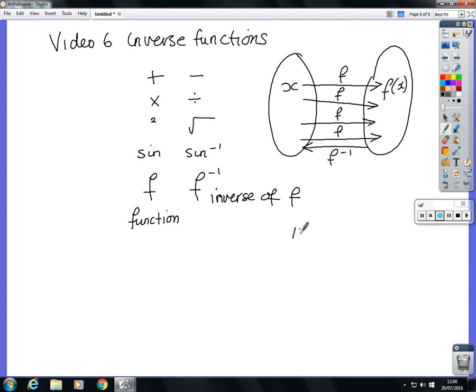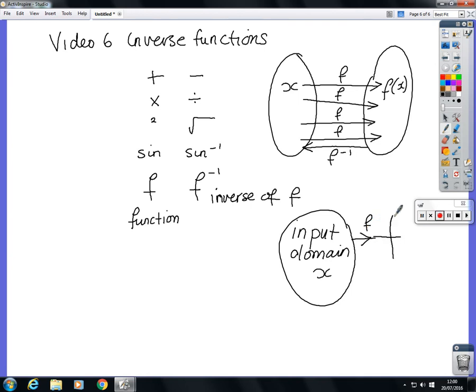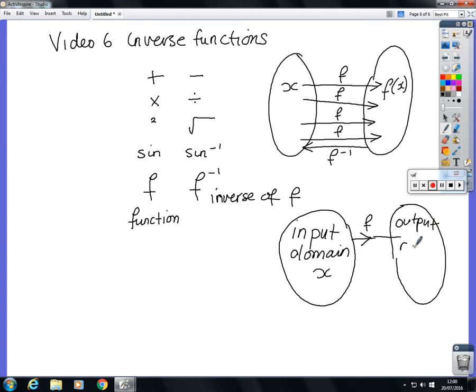More simply, if you have the input or the domain, or x, travelling in this direction, f takes us to the output, the range, or f of x.